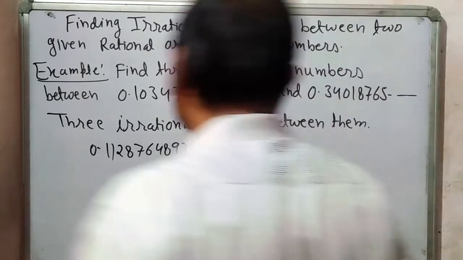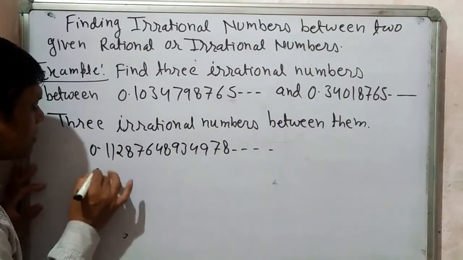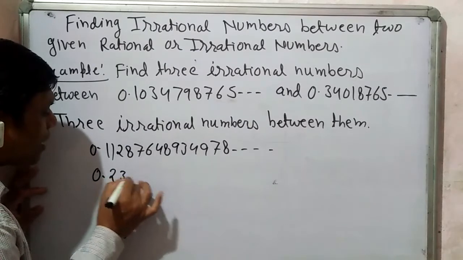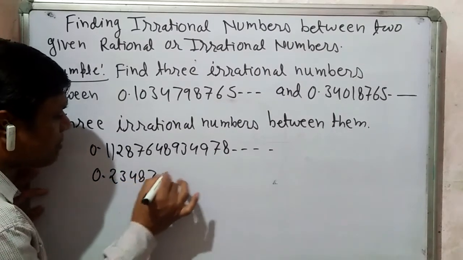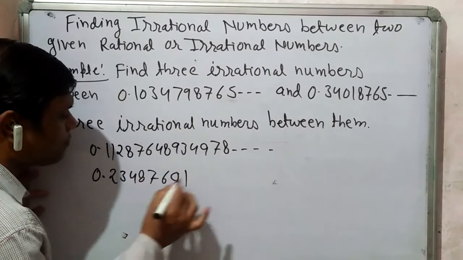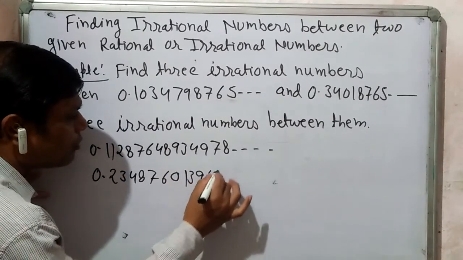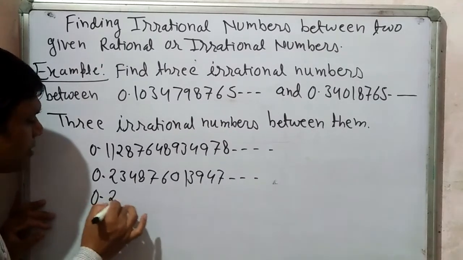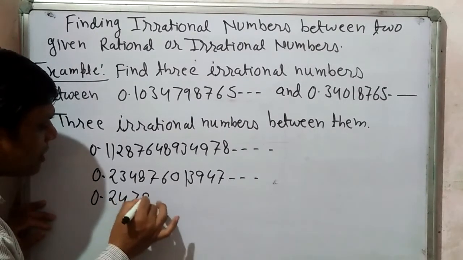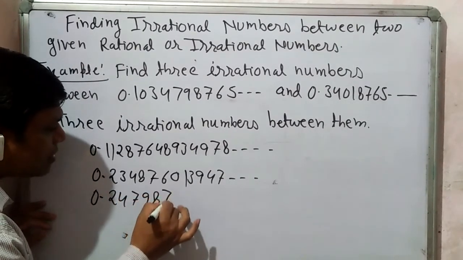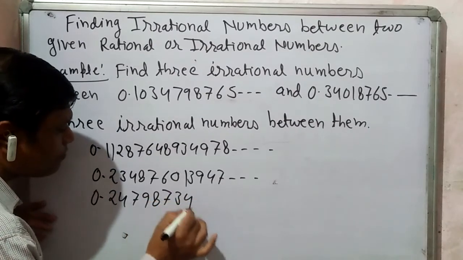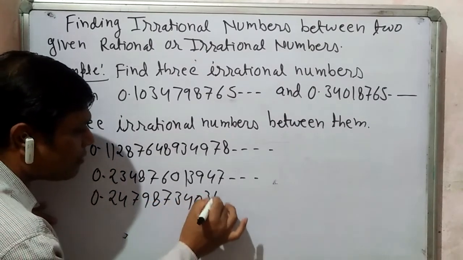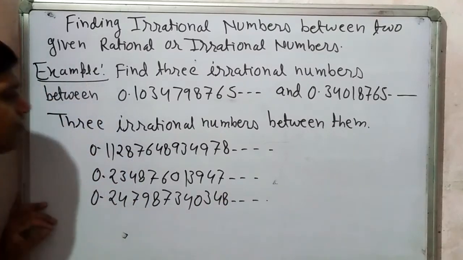Similarly, we can write one more number as 0.234876013947 and so on, and we can write another as 0.247987340348 and so on and so forth.